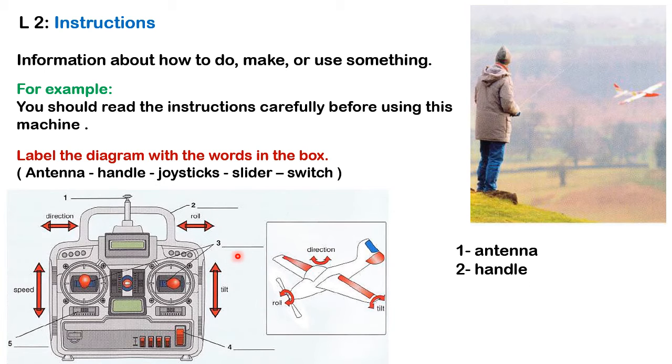Alright, and number 3 here, those are correct, joysticks. Number 4, what's this, guys? So we said these are joysticks. 4 is switch, correct. And the last one, number 5, that's called slider. Slider, alright? Okay.